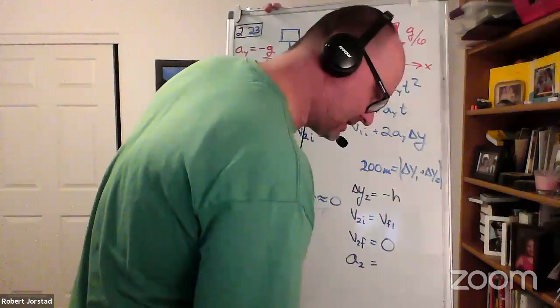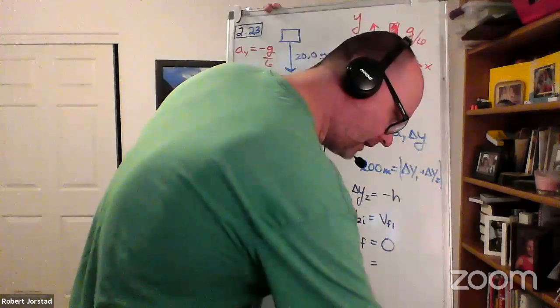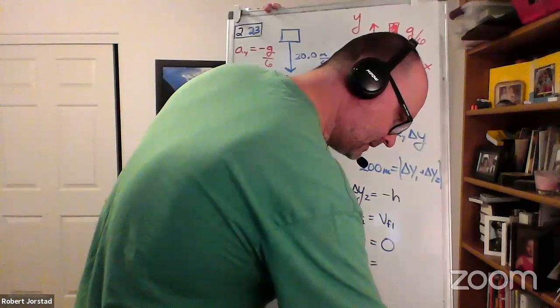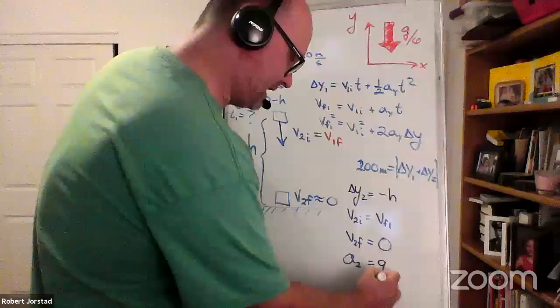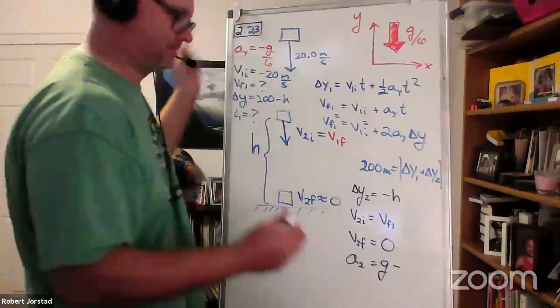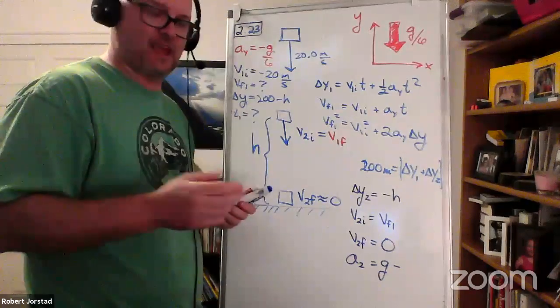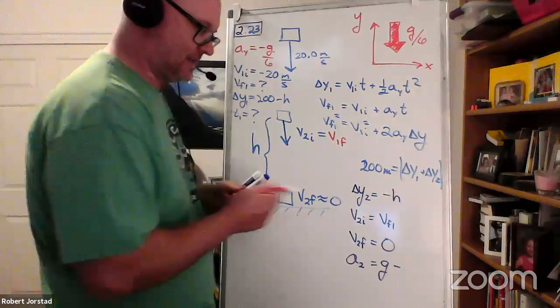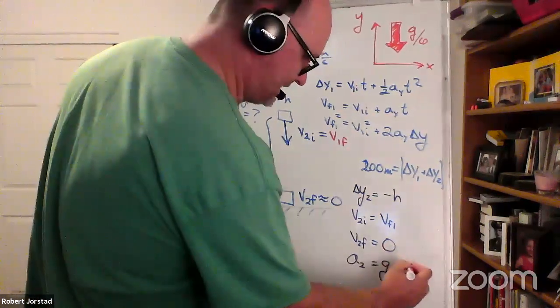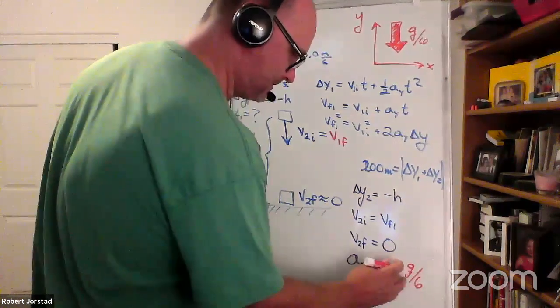It didn't tell us what this number is, did it? Well, it would be g minus g over 6. Or, I should say, negative g plus g over 6. So it's g minus g over 6.